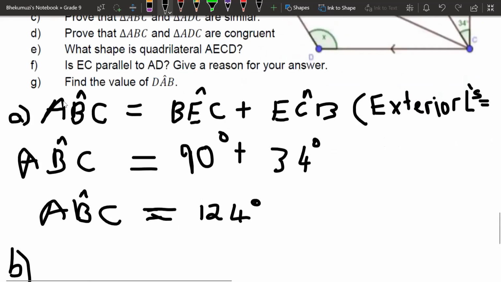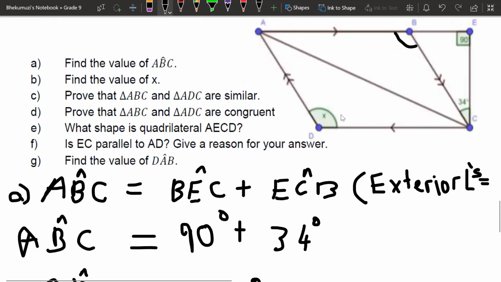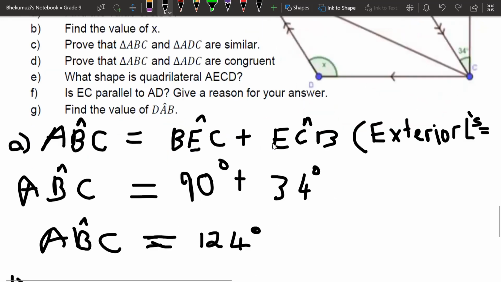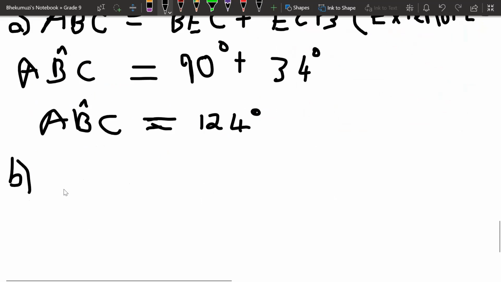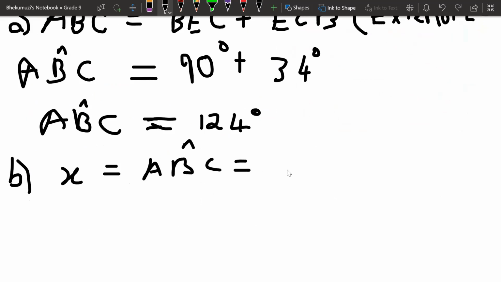says, now find the value of X. Now the value of X is here. You know this is 124 degrees. Now, luckily, if you know your properties of quadrilaterals, you would realize that in actual fact X is equal to ABC. And where do we get this? Remember, I just said it's from the properties of quadrilaterals.